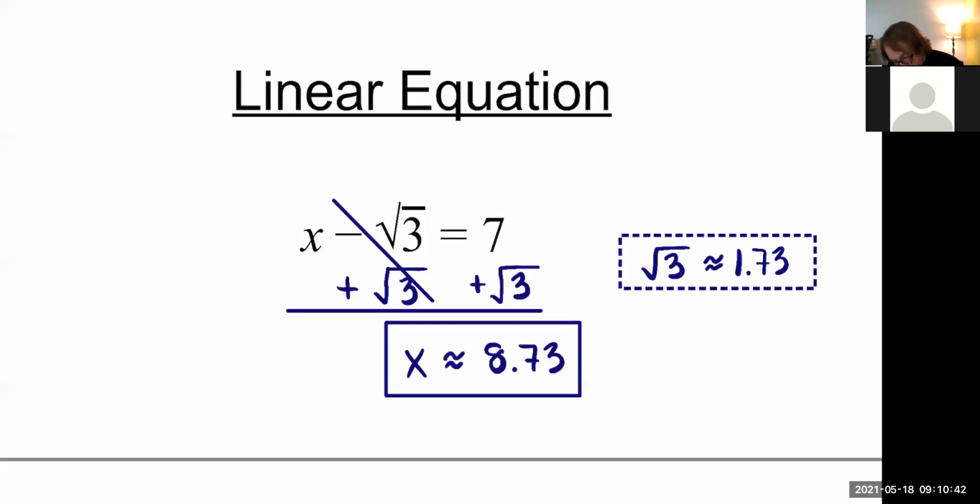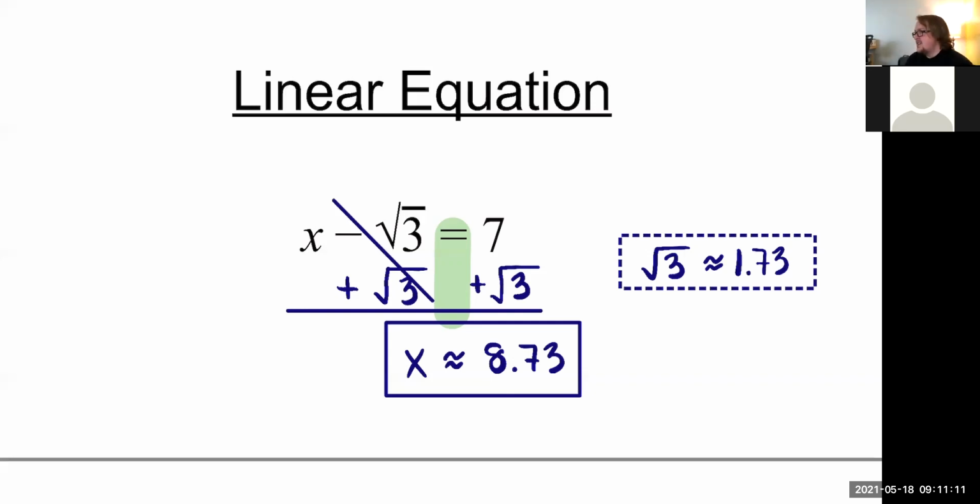Because the ultimate goal there, if you want to see the guideline here, all we're doing is getting that variable by itself. X originally had square root of 3 being subtracted from it. We do the opposite. We add it. But since the square root of 3 doesn't quite look like the other numbers we're accustomed to, we take its approximate value, 1.73, add it to 7, and we get an approximate answer of 8.73.